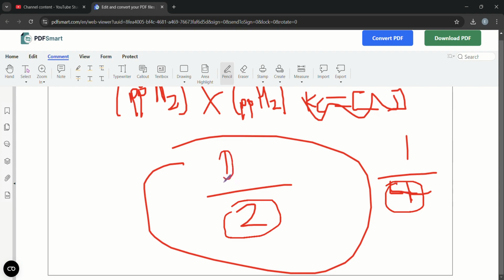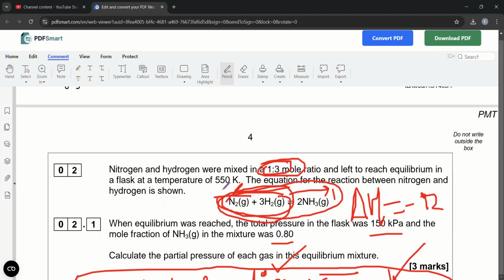If we have the same numerator, we increase the denominator, the number is going to become smaller. We go from 0.50 to 0.25. Therefore, same with Kp. We increase the temperature, equilibrium shifts in the endothermic direction, the left direction, to oppose increase in temperature. Therefore, we're going to have more reactants over products.